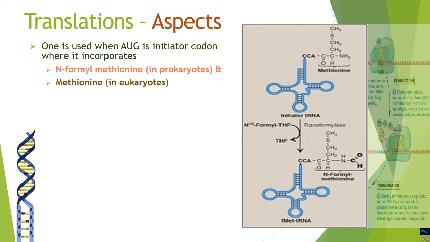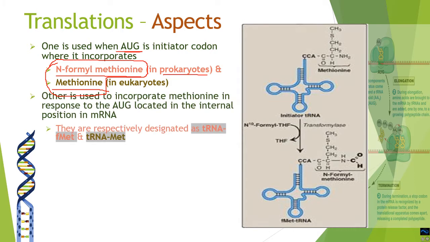The initiator AUG codon incorporates two types of residues into the polypeptide being synthesized. If it is a prokaryotic cell, then the initiator codon AUG will code for N-formyl methionine, and in eukaryotes it incorporates methionine. The second kind of tRNA will recognize the AUG located within the mRNA sequence.